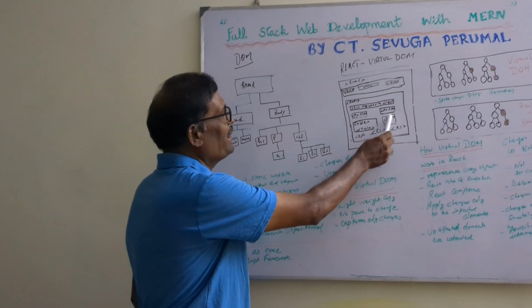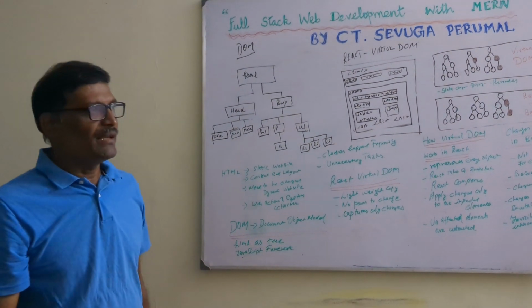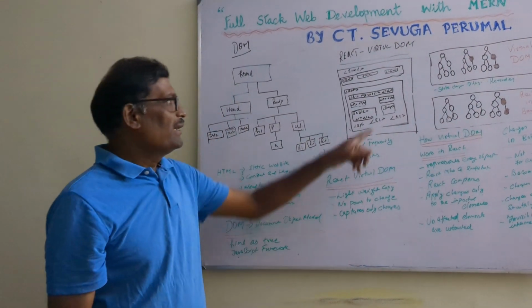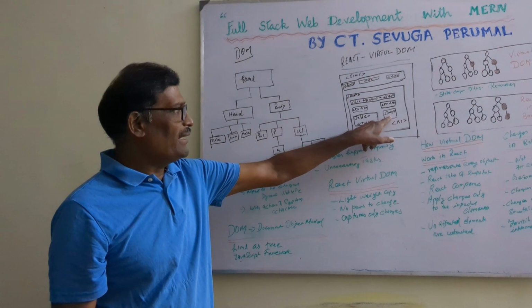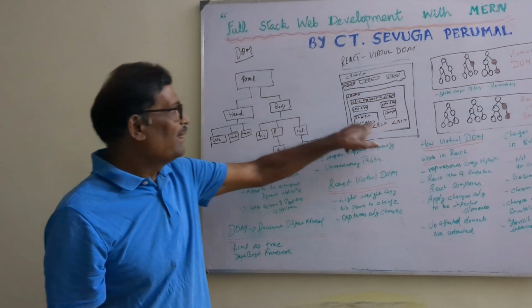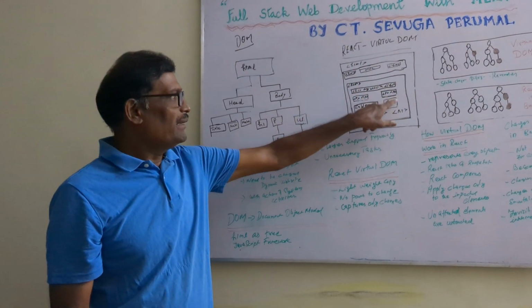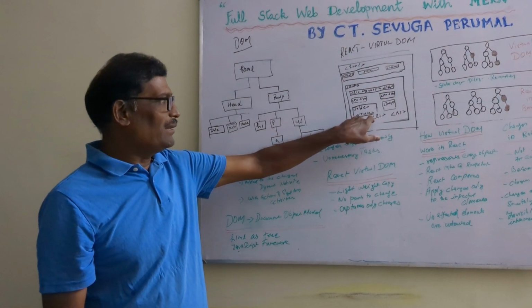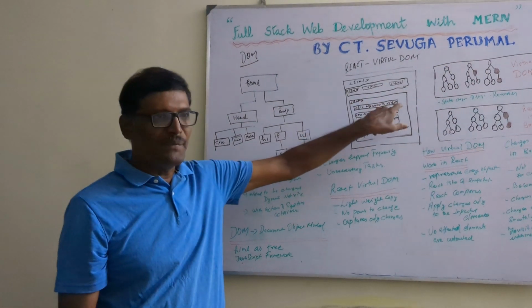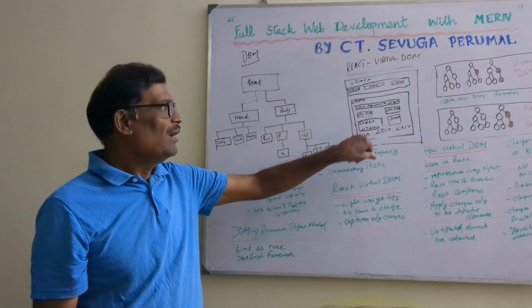Let us say an image is changed, but most JavaScript frameworks change this image as well as rebuild the remaining objects, so it takes more time, and because of that the performance of the web application is very slow.